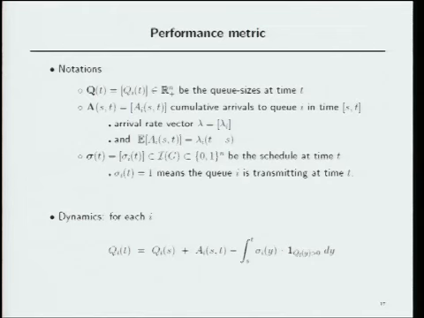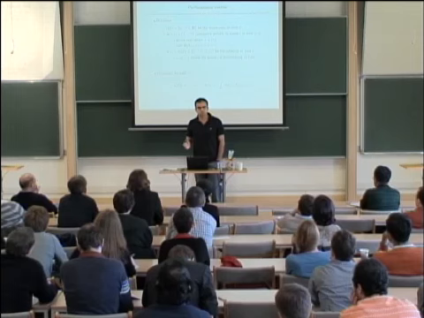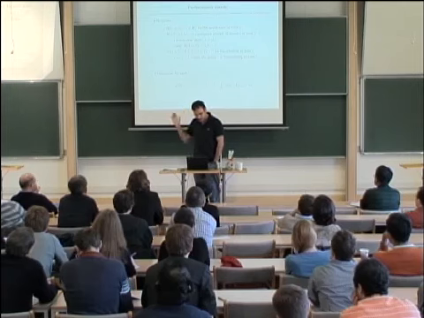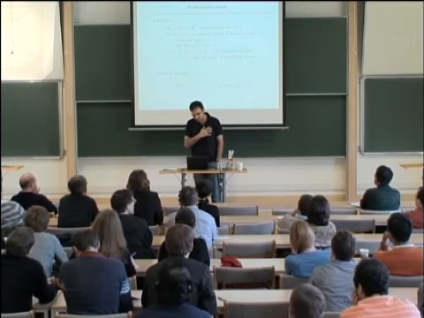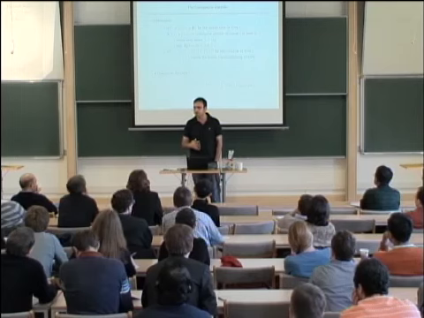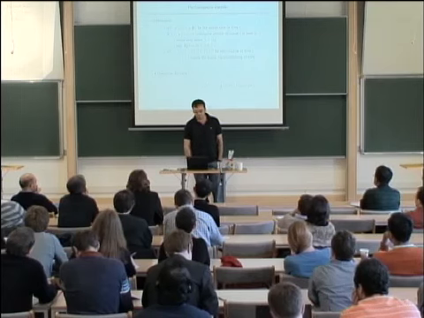And I'll use this notation of sigma of t, which is a vector of zeros and ones subject to the independent set constraint, that is decided by the medium access algorithm. Okay. Any questions about the setup notations? All right. So I want an algorithm that decides this sigma t every time, so that whenever the system is underloaded, Qs remain finite, roughly speaking.